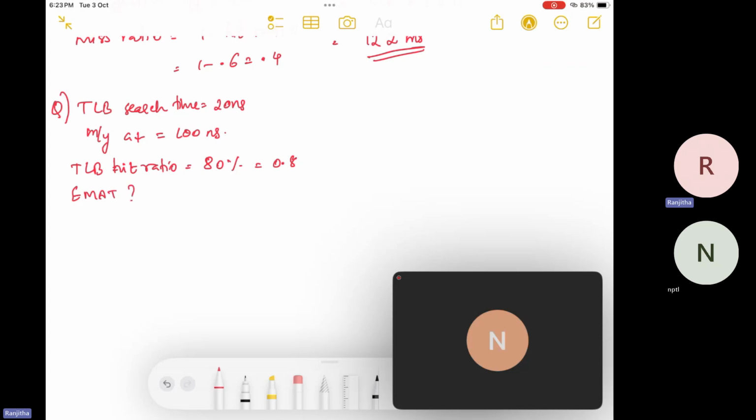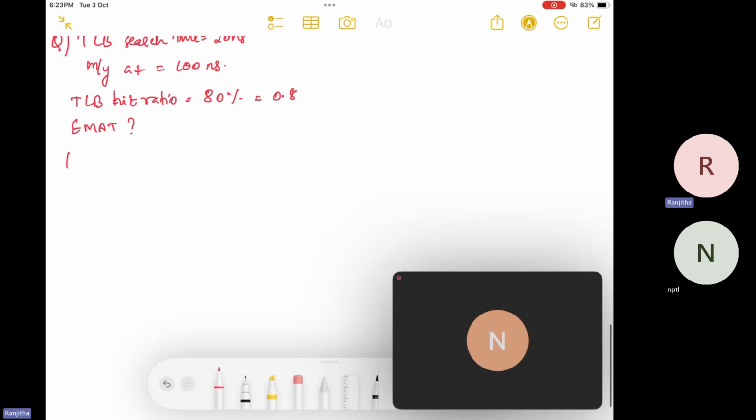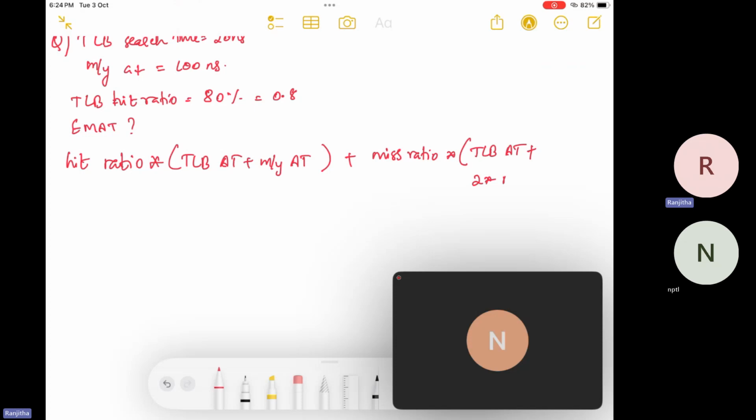So same as above, the formula is hit ratio into the memory access time when it is a hit, so it is basically the TLB access time plus memory access time, plus miss ratio into, when it is a miss, the TLB access time plus 2 into memory access time.